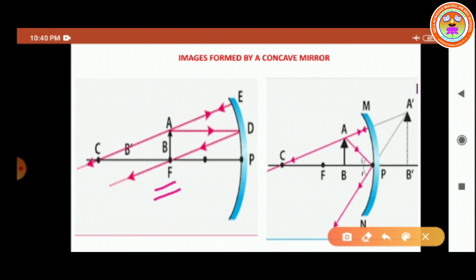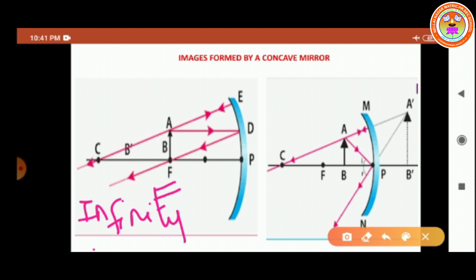The reflected rays form the image, but we are not able to see the image in this place because the image is formed at infinity. Where will the image be formed? It's the infinity point. We could not see the image. It's highly magnified. So what is the image size? Highly magnified. The nature of the image is real and inverted. Do you understand, children?